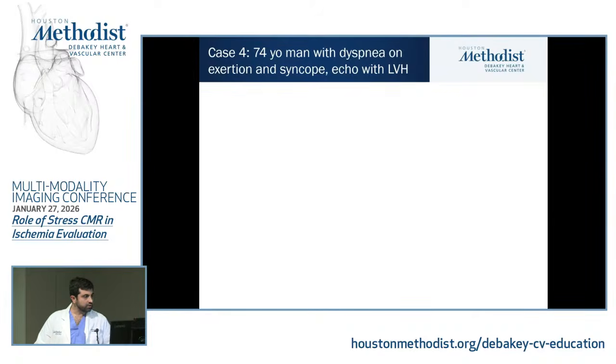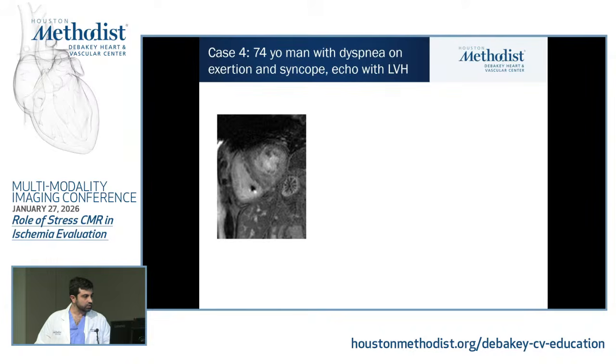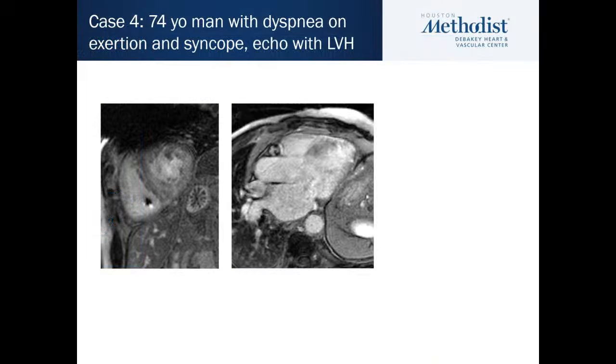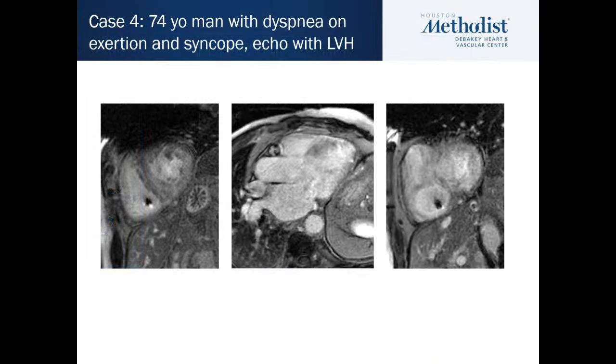All right, so 74-year-old man, dyspnea, syncope, echo with increased wall thickness, and here's the scar imaging. What do you guys think? Healthy myocardium should be black. Yeah, he has scar throughout, diffusely, and notice that it's kind of mid-myocardial and extending.